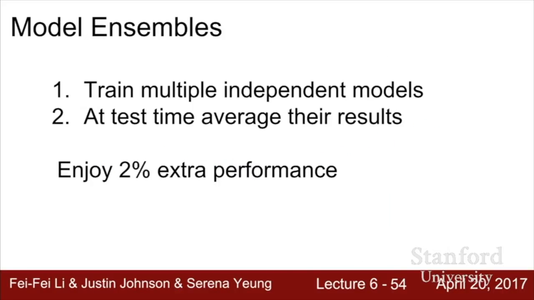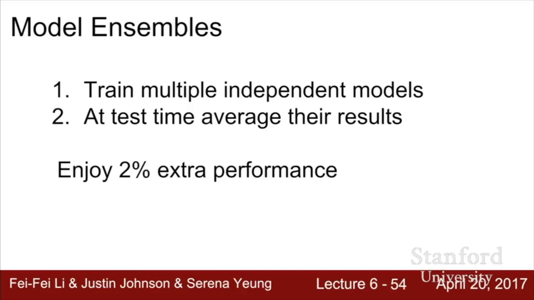One really quick and easy thing to try is the idea of model ensembles, which sometimes works across many different areas in machine learning. The idea is pretty simple. Rather than having just one model, we'll train 10 different models independently from different initial random restarts. Then at test time, we'll run our data through all 10 models and average the predictions.